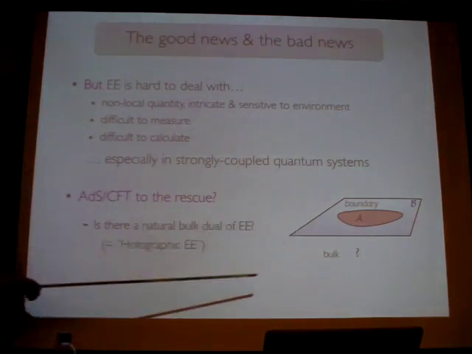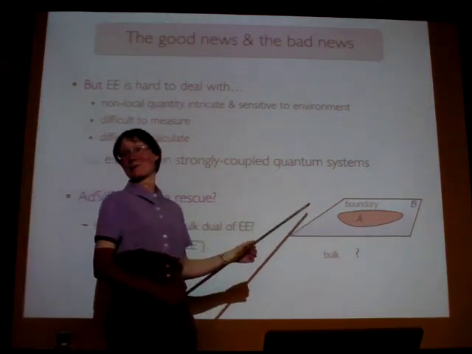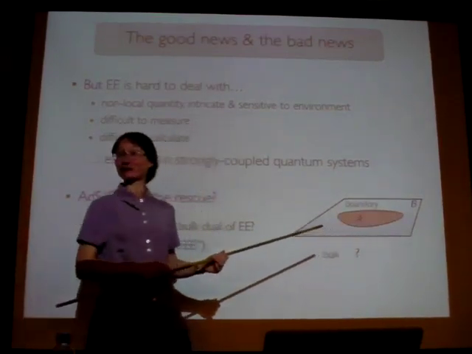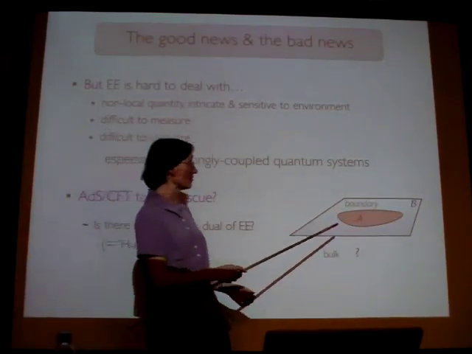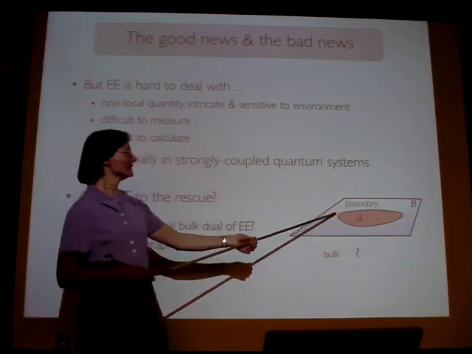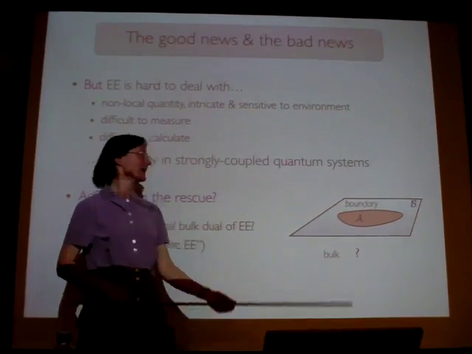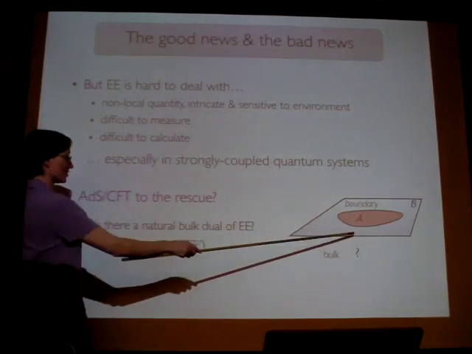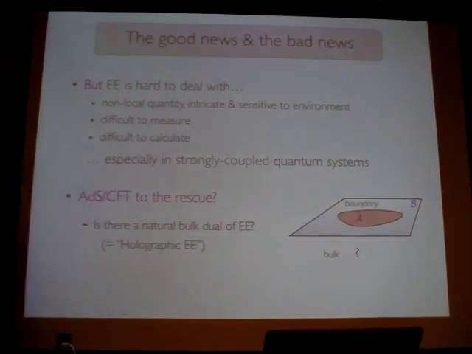So in this case, if we had a strongly coupled field theory with some region that we want to calculate entanglement entropy for, we could put the system on the boundary of a bulk and ask, is there a bulk quantity that gives you the entanglement entropy of this region, which would then be called the holographic entanglement entropy.